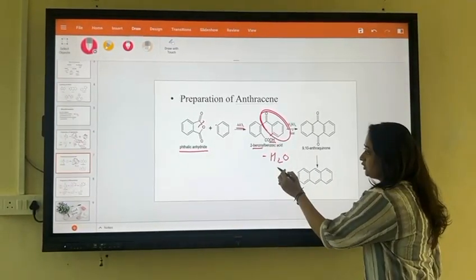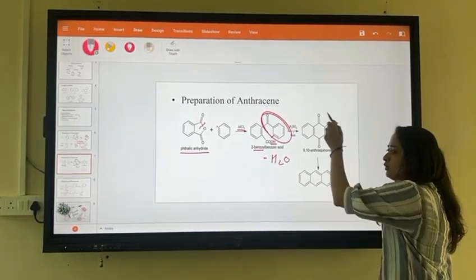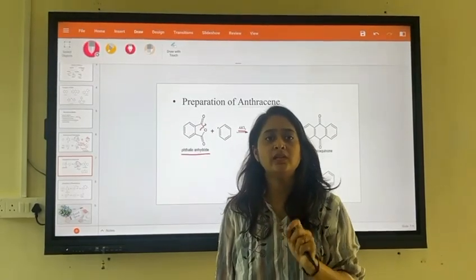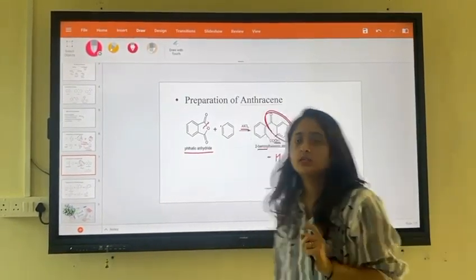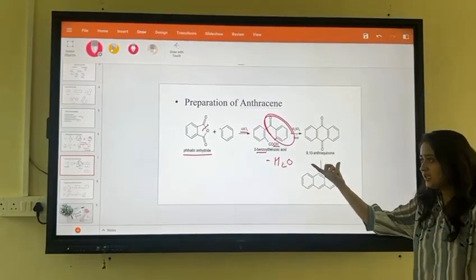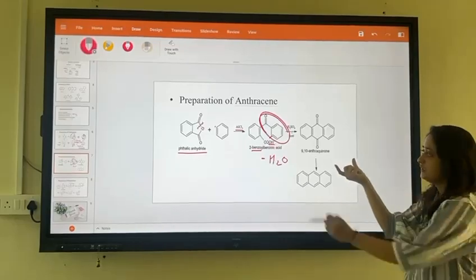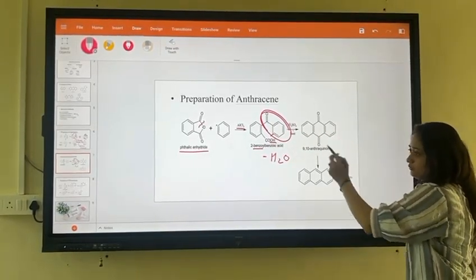One water molecule is removed and an intermediate containing two ketones is produced. Any molecule that contains two ketone groups in its structure is known as a quinone. So the intermediate is named 9,10-anthraquinone, the ring moiety containing two ketone groups.